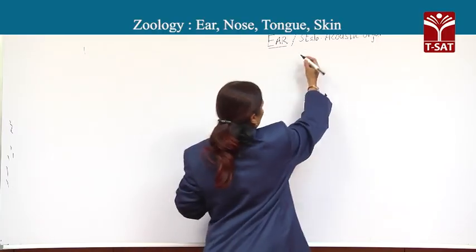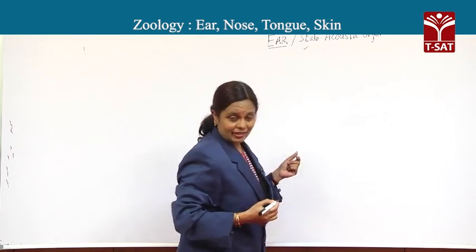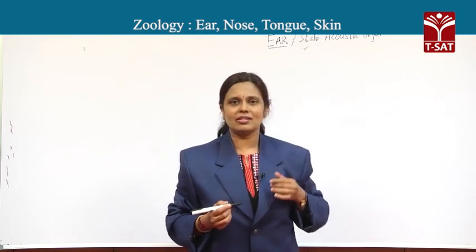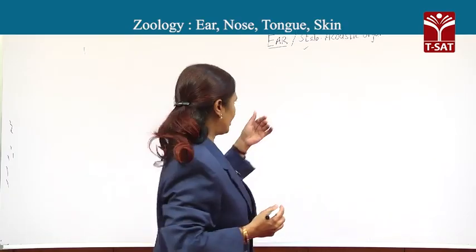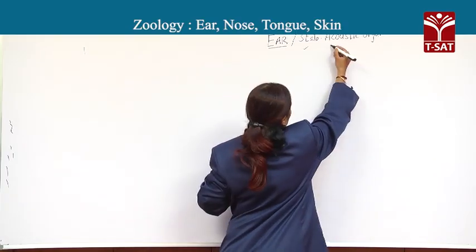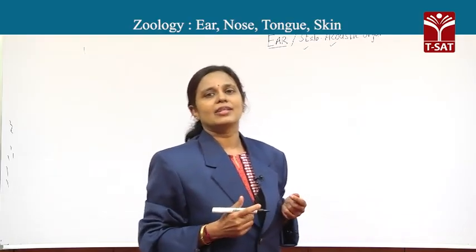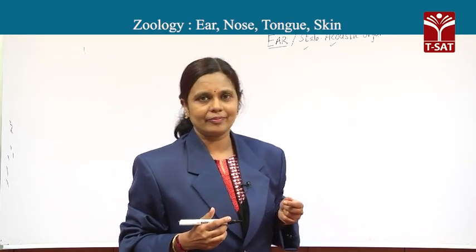Here stato stands for staticity or body balance. Next, acousticity stands for hearing. Together, statoacoustic organ. Now, this ear has three parts.